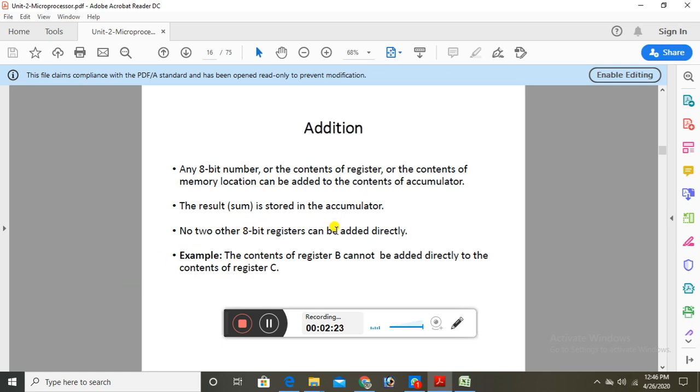No two 8-bit registers can be added directly. For example, registers B and C cannot be added directly, or B and D, or H and L, or H and E, or H and B. That means no two registers can be added directly. One data should be there in the accumulator, meaning addition should happen with respect to the accumulator.